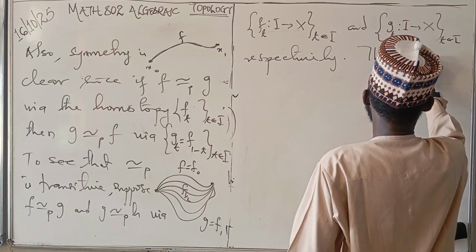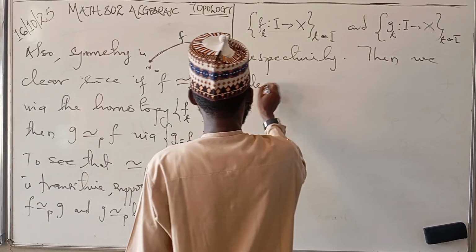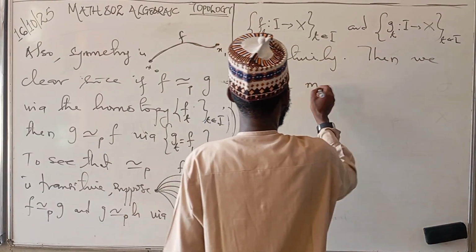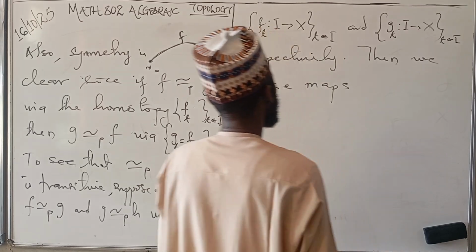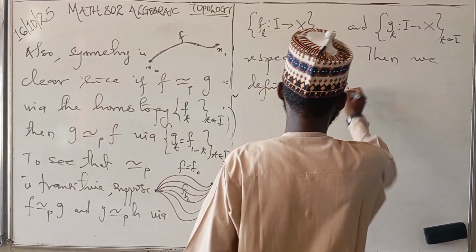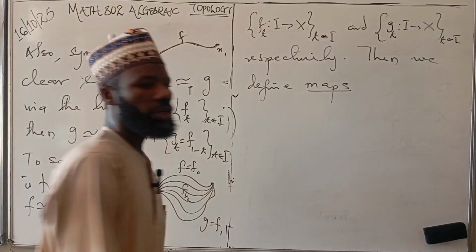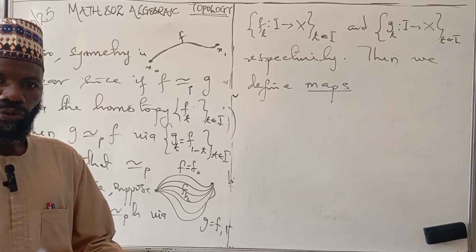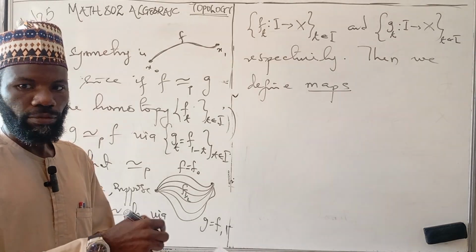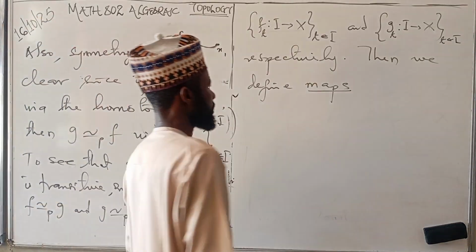we define a family of maps. But right now I'm not assuming continuity. I just want to define and then prove that the family is of continuous mappings.